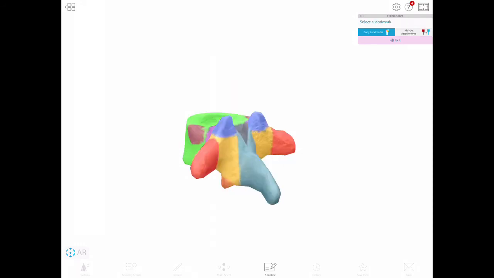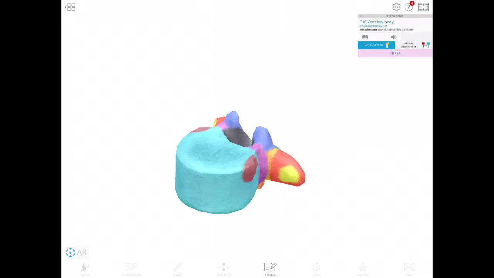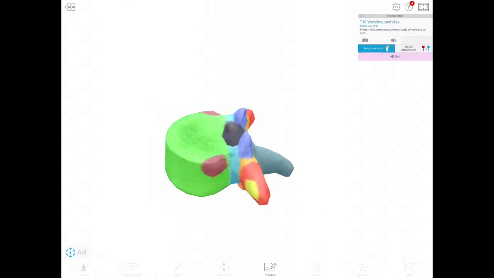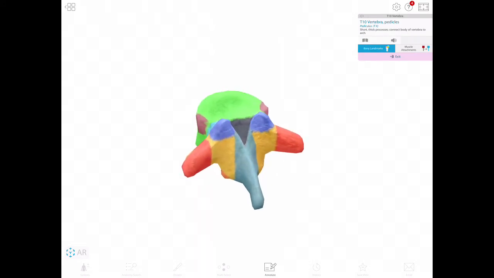Take a look at the vertebra and all of the landmarks. Starting anteriorly, we've got the body of the vertebra. Then we have the pedicles. And here are the lamina.